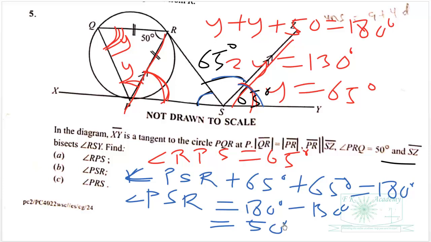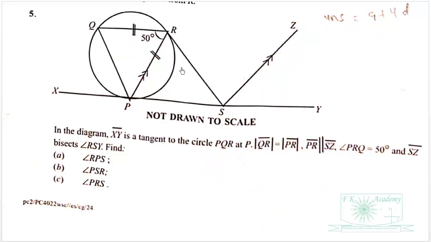So we are left with angle PRS, the angle over here. So that angle, when we add it to this one and this one, we're supposed to get 180. We found this angle to be 50, this to be 65, and now we are looking for this one.